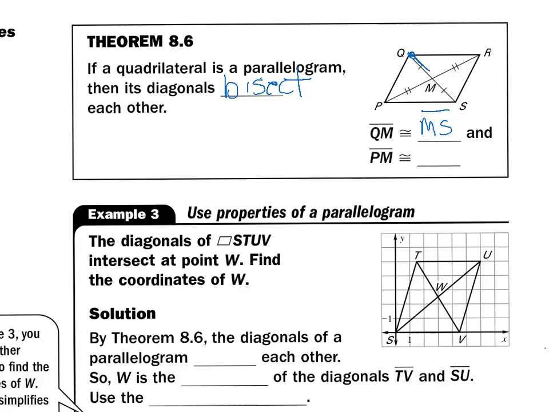Q to M, which point would match the Q? S to M. So let's mark that out, put SM. P to M is the same as R to M. Okay.